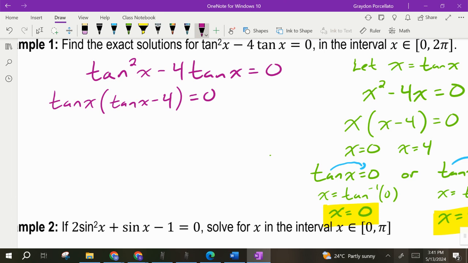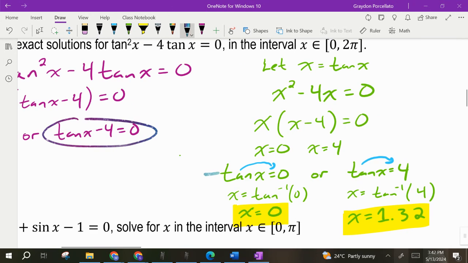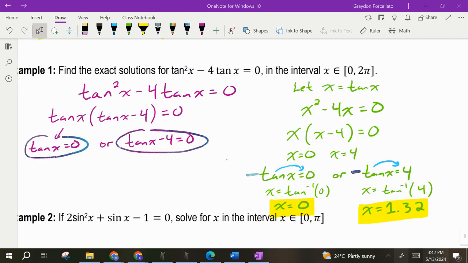Now that this is factored, we get either tan x equals 0 or tan x minus 4 equals 0. Notice that these two are the exact same as these two. If we finish solving those, they would be the same. So I'll put little stars beside those. We bring the 4 over.